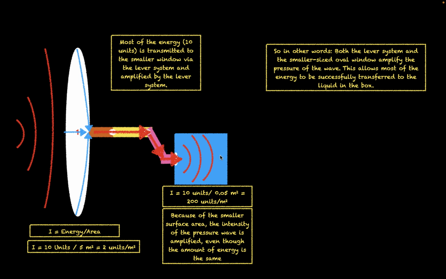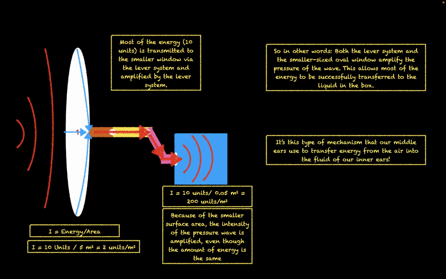So once again, because of the smaller surface area, the intensity of the pressure wave is amplified even though the amount of energy is the same. In other words, both the lever system and the smaller sized window amplify the pressure of the wave. This allows most of the energy to be successfully transferred to the liquid in the box.